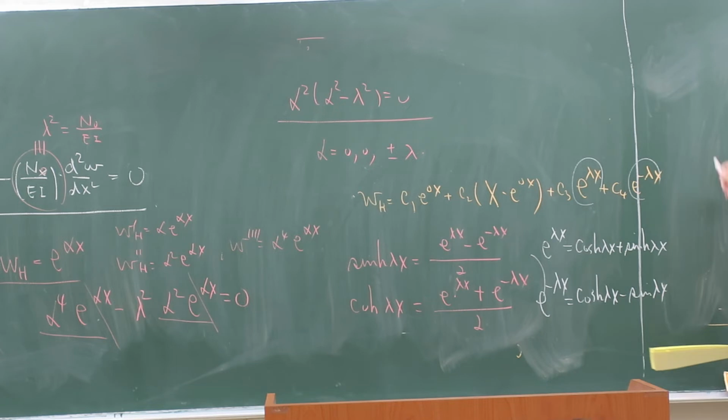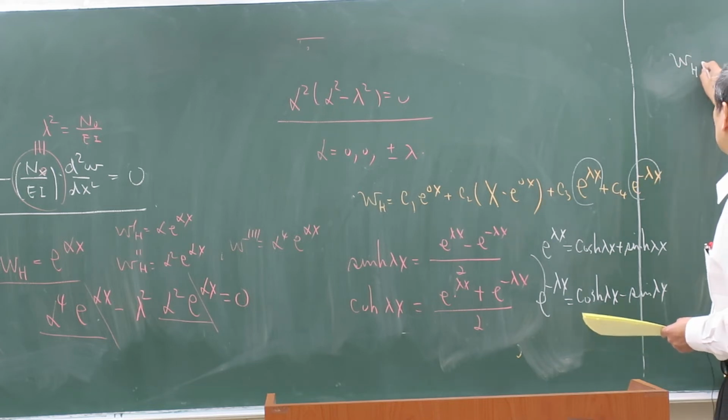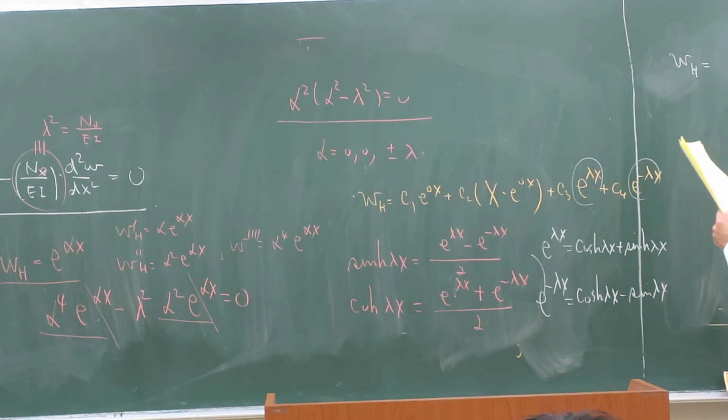Okay? So this homogeneous solution can be written as A hypersine lambda x plus B hypercosine lambda x plus C x plus D. Okay? So this is my homogeneous solution.